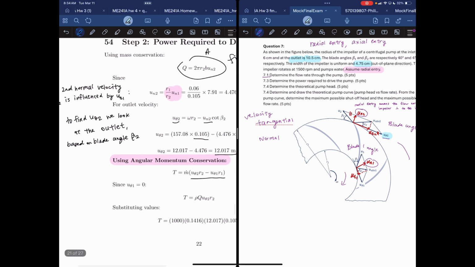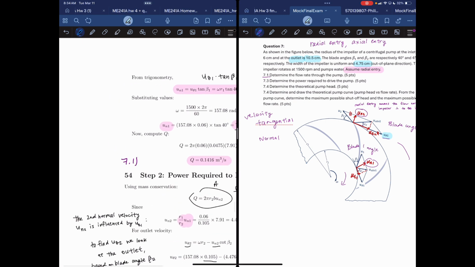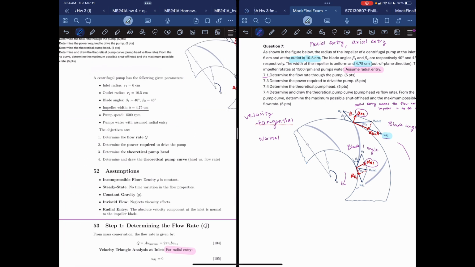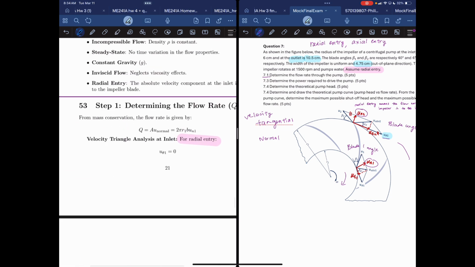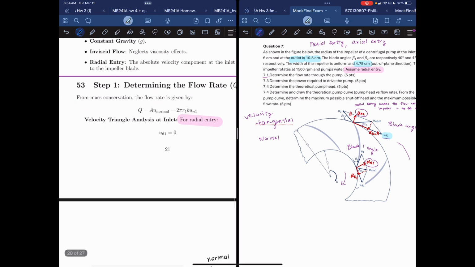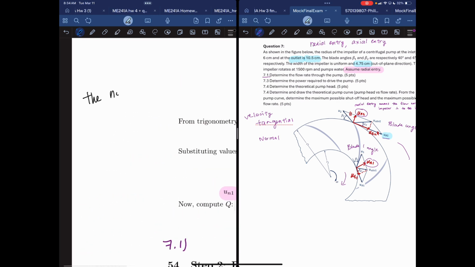Okay, so key connection. Let me write it over here. I'm running out of space. The normal velocity at the inlet, I think I defined it like that. Velocity triangle analysis at the inlet was theta 1, and then the normal is un1, but I'll write it again.